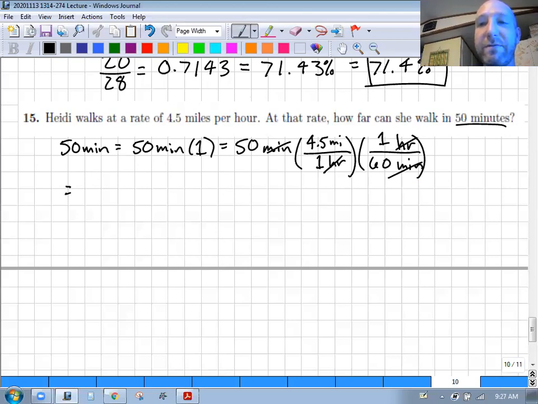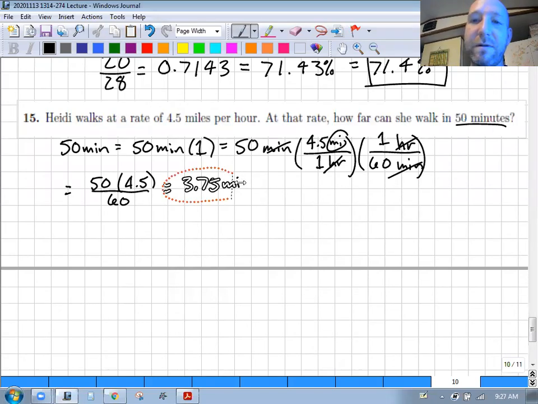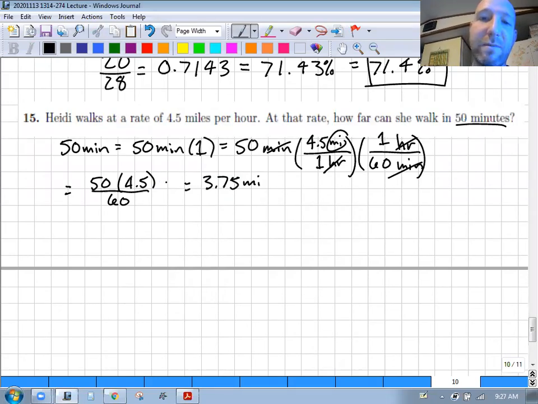So we have here 50 times 4.5 over 60, which would be 50 times 4.5 divided by 60, 3.75 miles. We have to keep my miles here. So I have miles.